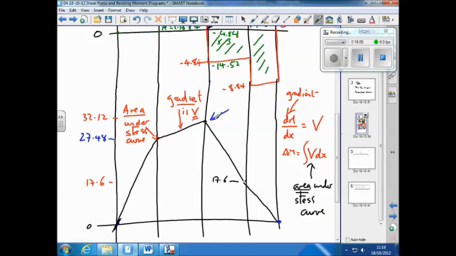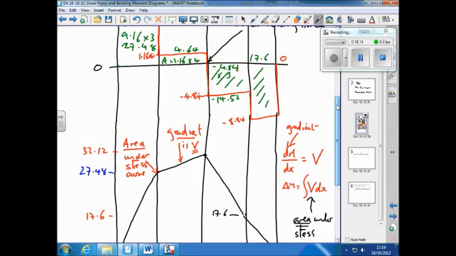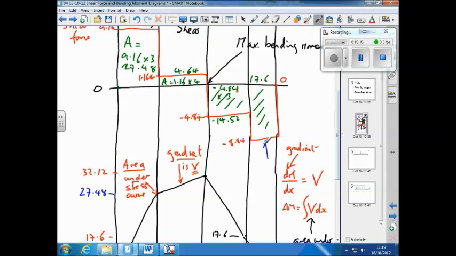So we can say some interesting things about this structure. We can tell immediately by looking at the diagrams what the values of the maximum shear are here and here, where the maximum bending moment is being exerted, and what the value of that maximum bending moment is. So we can get information off it.